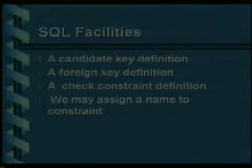What facilities exist in SQL to support integrity constraints in our database management system? Well, SQL facilities are provided for candidate key definition, foreign key definition, check constraint definition, and we may assign a name to a constraint.